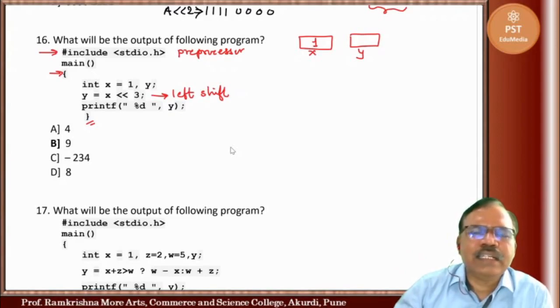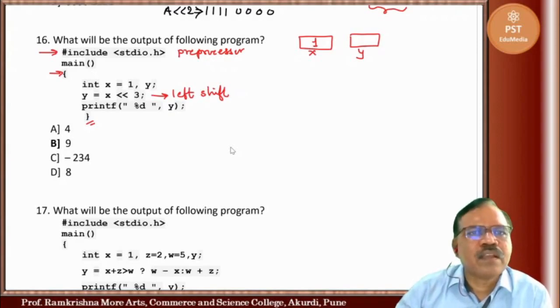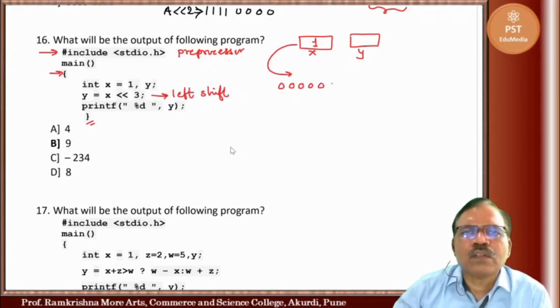Since it is integer, it takes 2 bytes of memory, meaning 16 bits. Now x less than 3. If we take this in the form of binary, then what? 0, 0, 0, 0, 0, 0, 0, 0.